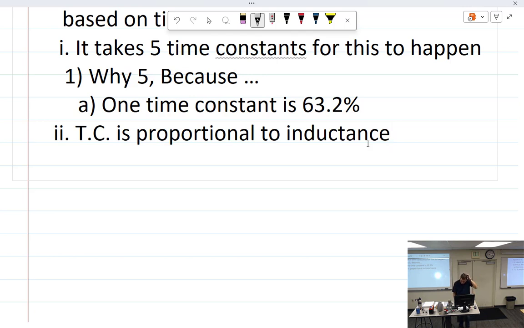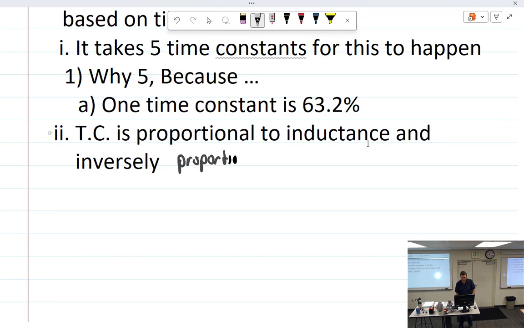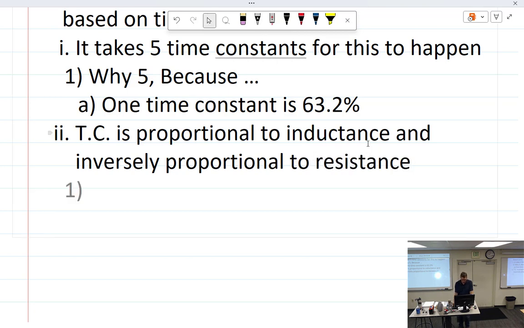It's proportional to inductance, and inversely proportional to resistance. Which is to say, more inductance, and inductance is measured in what?